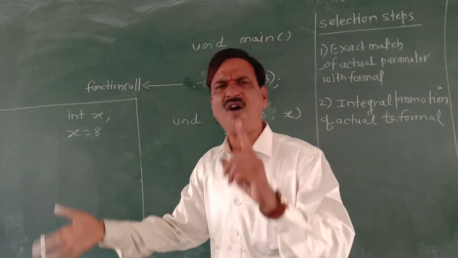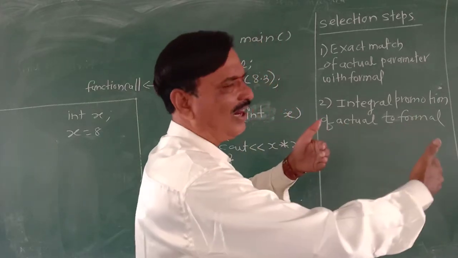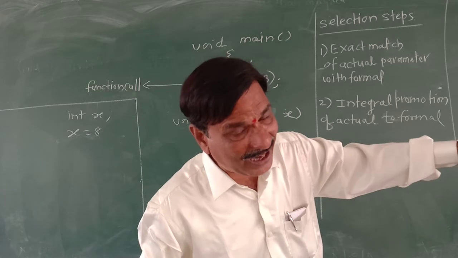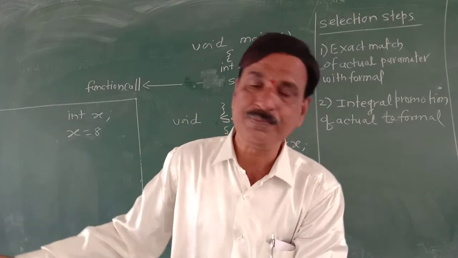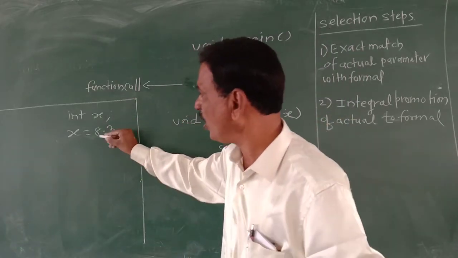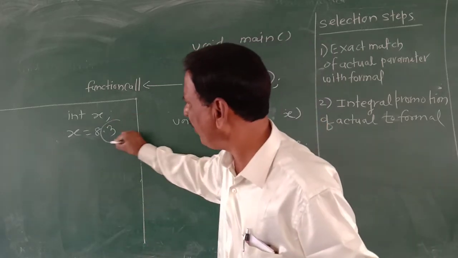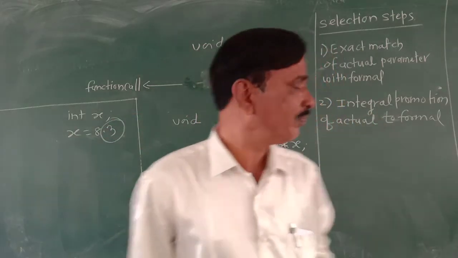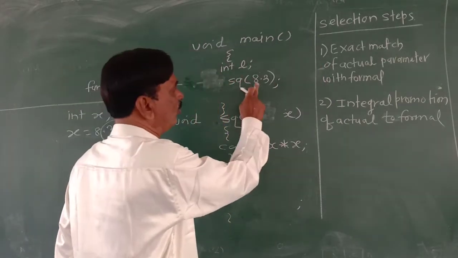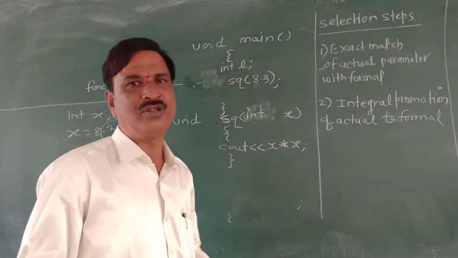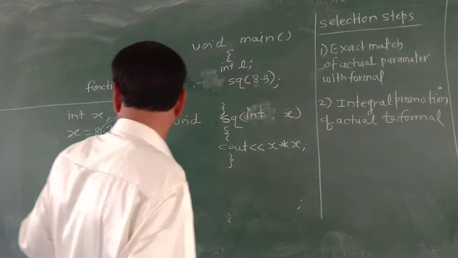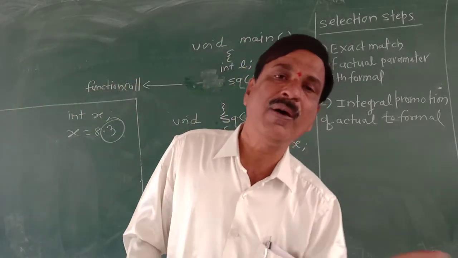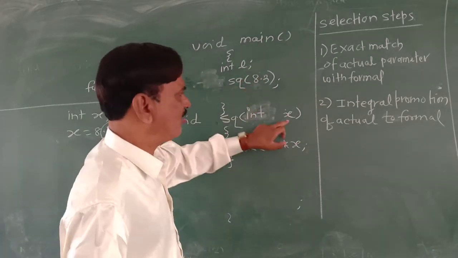The job of the assignment operator is to assign the right hand side value to the left hand side variable by converting the right hand side into the data type of the left. Here 8.3 was float, so it converted by truncating 0.3 and assigned only 8 to the integer x, and then the function is executed. It is the assignment operator who truncated 0.3 and gave 8 to x.